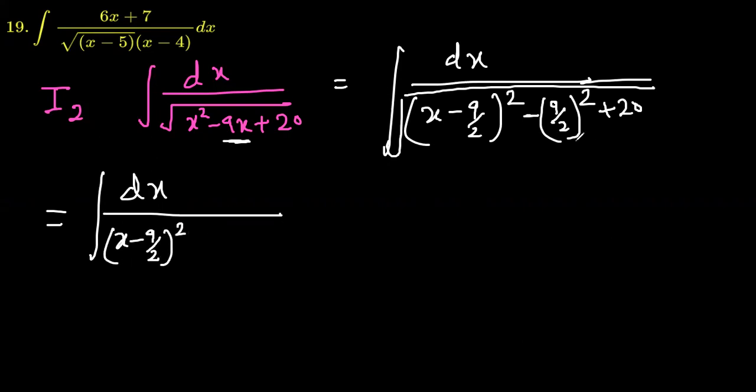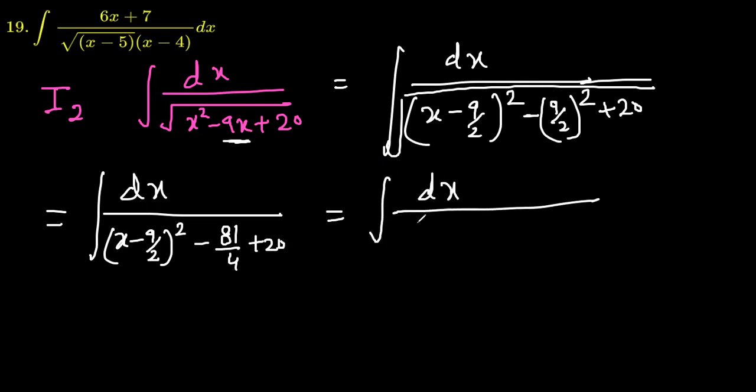And we want to write these numbers together, which is minus 81 by 4 plus 20. Well, this is now dx divided by x minus 9 by 2 squared minus 1 by 2 squared, because this will be 1 by 4, which can be written as 1 by 2 squared.